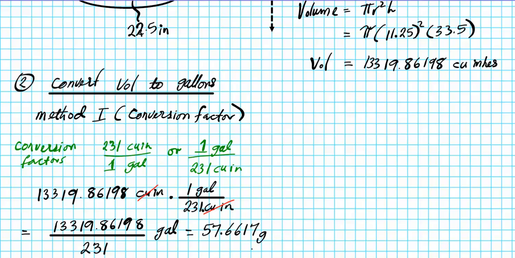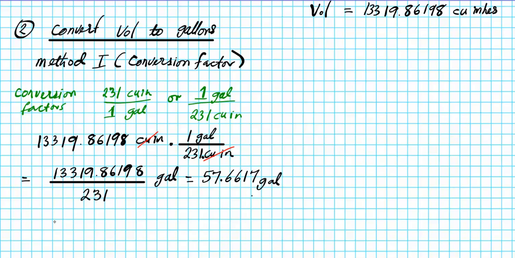So our answer, the volume in gallons, is 57 point. Now we're rounding to the tenths place, right? So we're going to truncate right here and look at the digit behind it. It's 5 or greater, so we're going to round up. Add 1 to 6, so 57.7 gallons. Okay, so that's your answer.